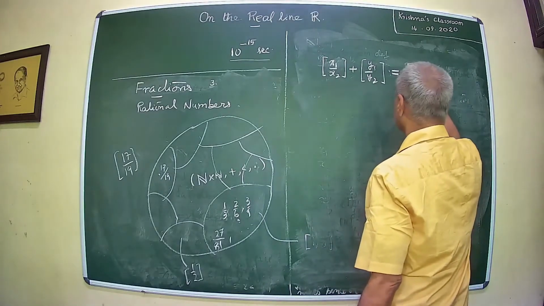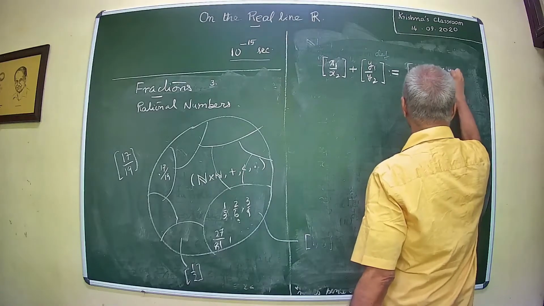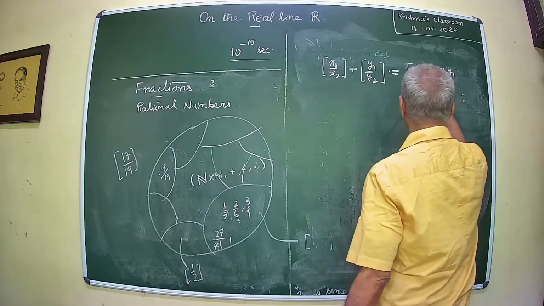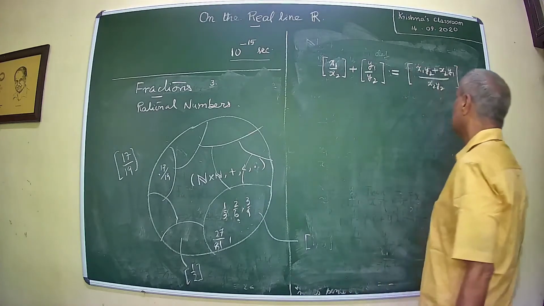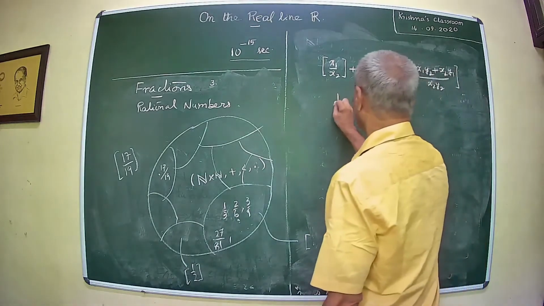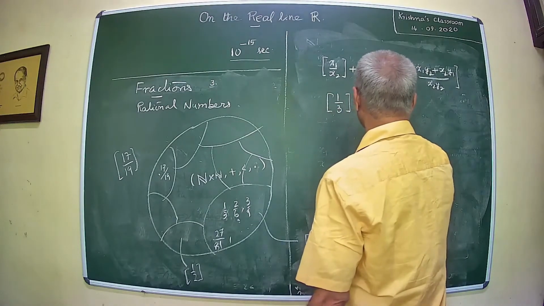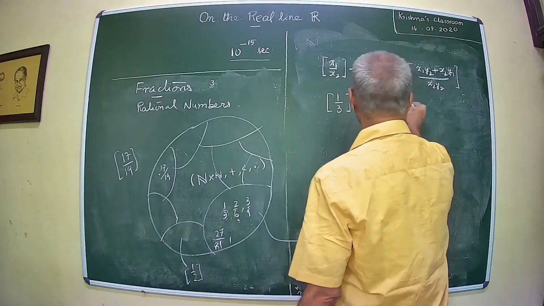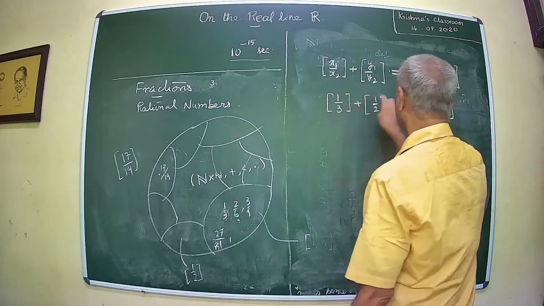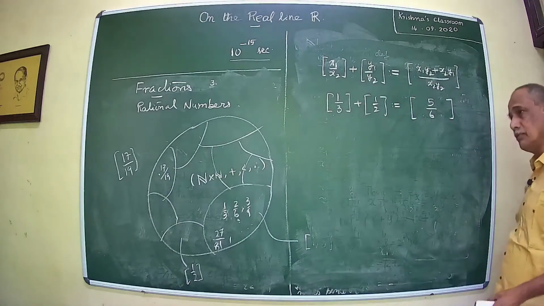The class corresponding to this, which we have already defined. For example, I give an example: the block 1 by 3 plus the block 1 by 2 is equal to the block corresponding to 1 by 6. It's a definition.